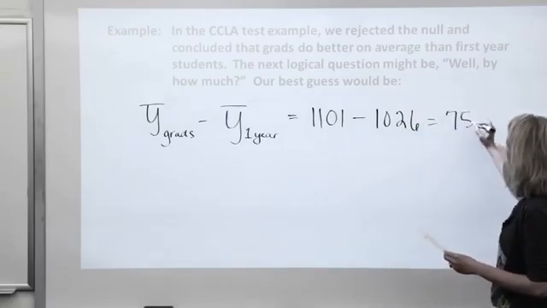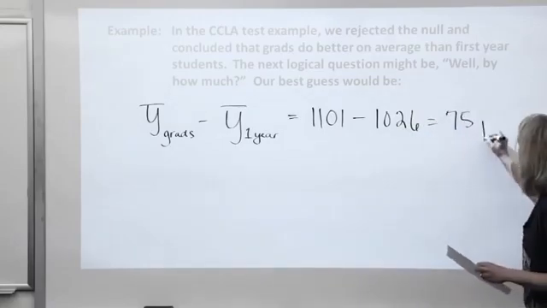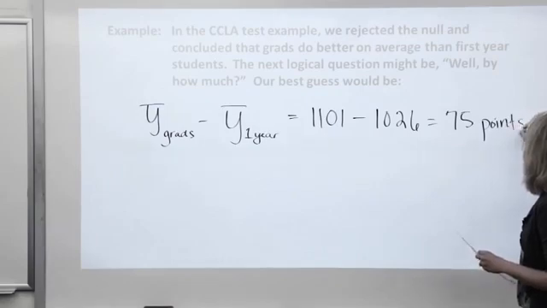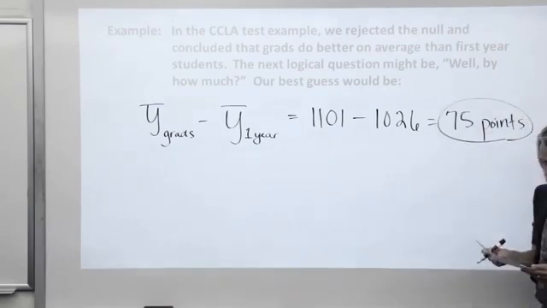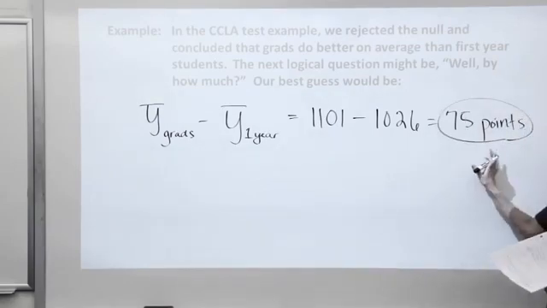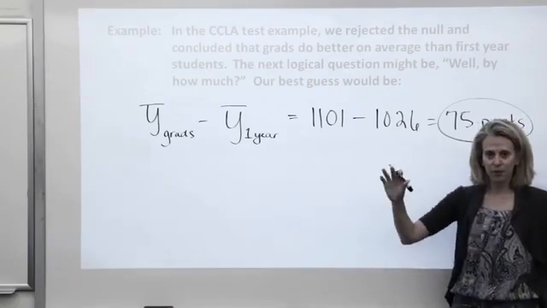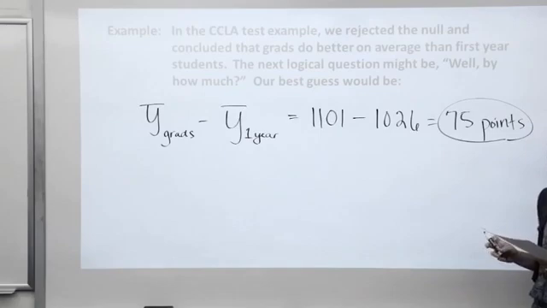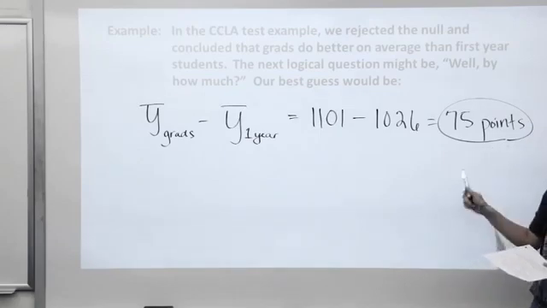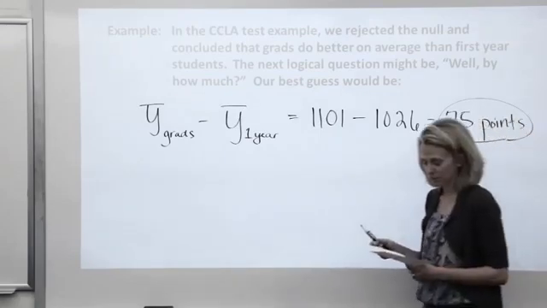And that difference, we already even pointed out, was a 75-point difference. That might be our best guess. We can take that number, add and subtract a little bit to that to get an interval, but we'll use this as our starting point for that interval.